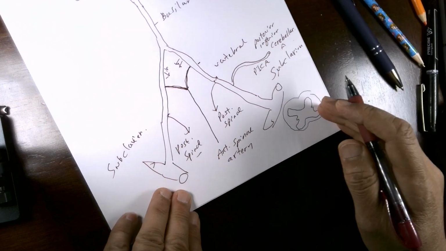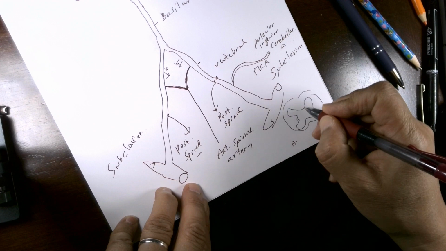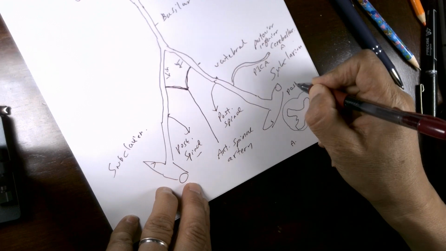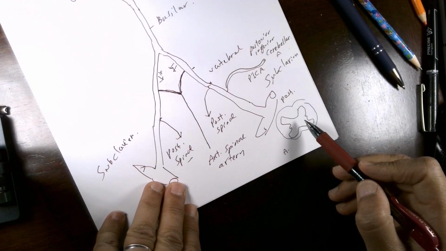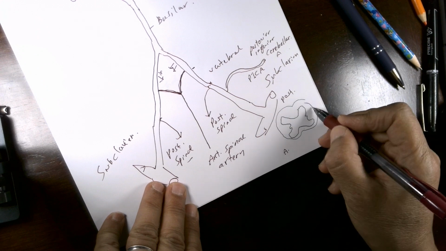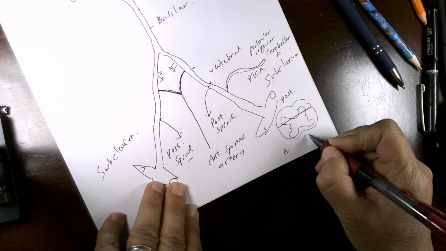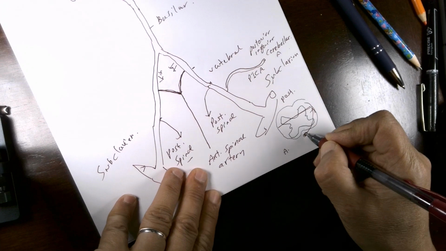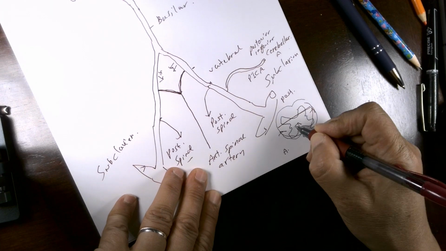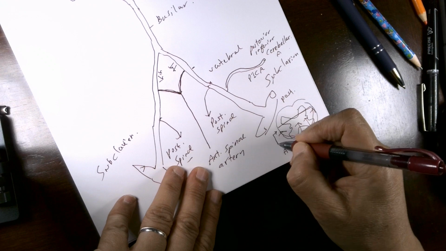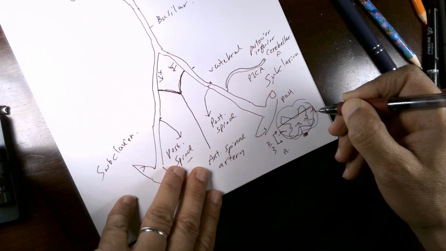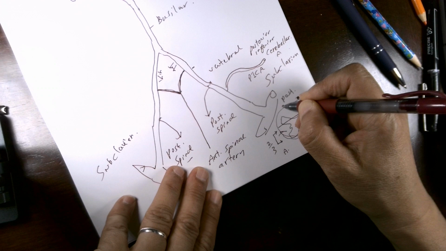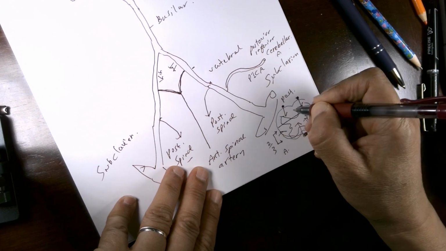So this is anterior and this is posterior. This is a cross section of the spinal cord. The anterior two-thirds are supplied by the anterior spinal artery. Posterior spinal arteries, which are two, supply the posterior third.